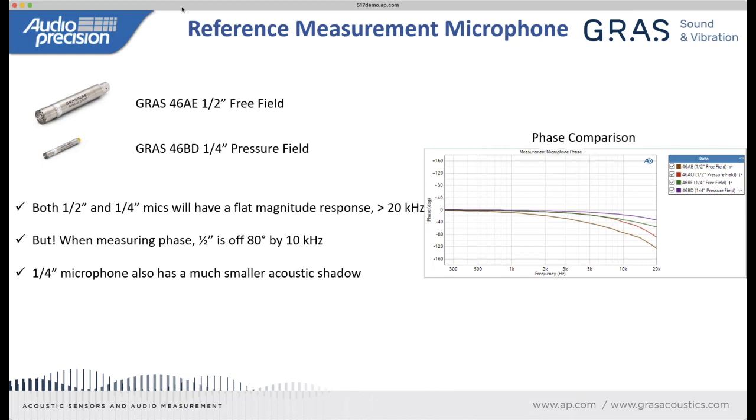There's quite a bit of flexibility here, and again, it has to do mostly with the frequency range of interest. It's pretty straightforward to get a measurement microphone that has a flat magnitude response, so a flat frequency response, over probably whatever frequency range you're practically interested in measuring in another microphone.